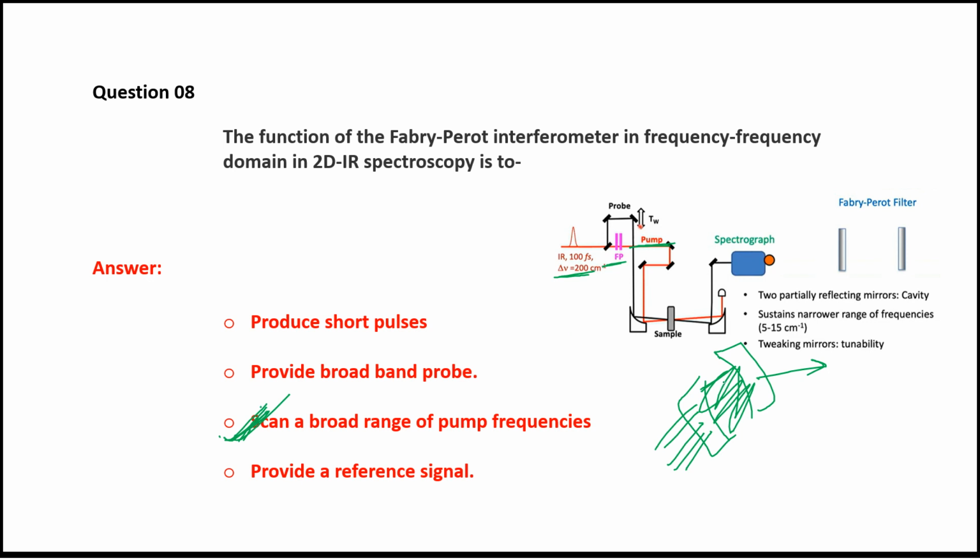How is this Fabry-Perot interferometer constructed? These are two semi or partially reflecting mirrors. So as the light enters here, it gets reflected in the same way throughout the mirrors, and then it comes out at some time. So this is called cavity dumping, and it is similar to that only. Now we'll go on to the next question.